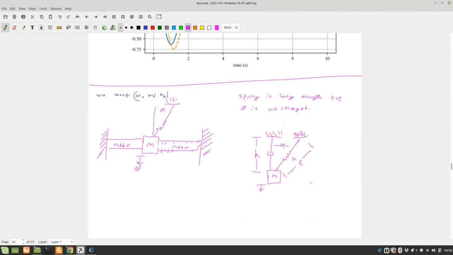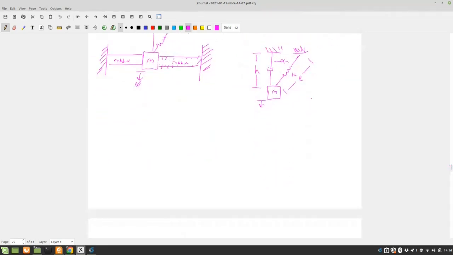So this leads us to our free body diagrams. We need to do one in an equilibrium position. So we have our mass, and then what's the force acting down on it? Force of gravity, so mg.